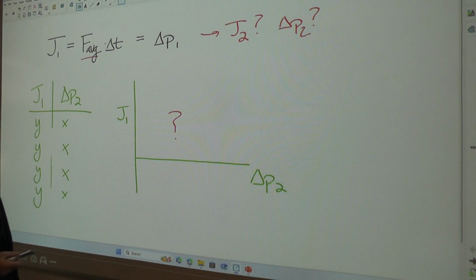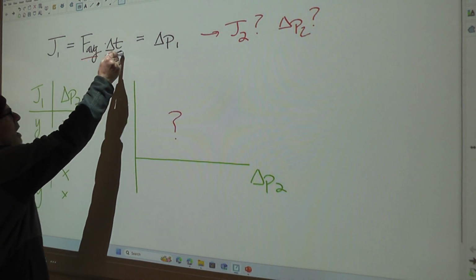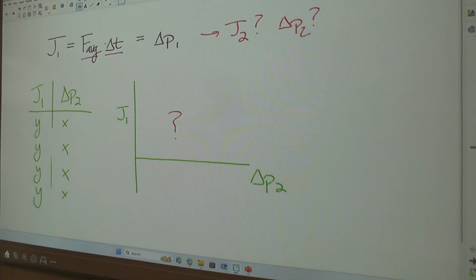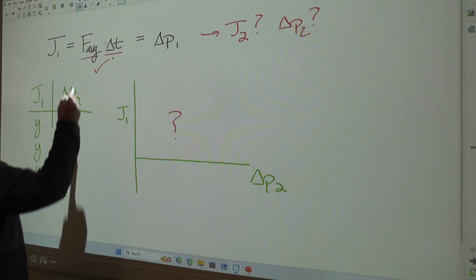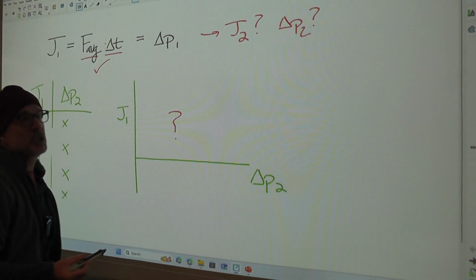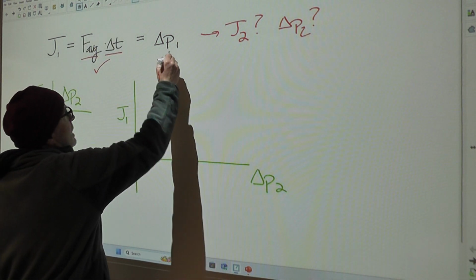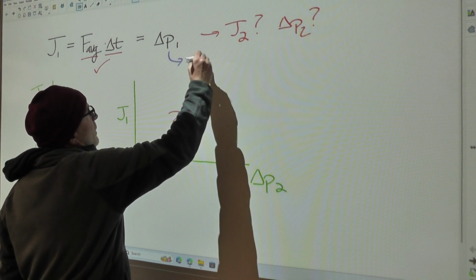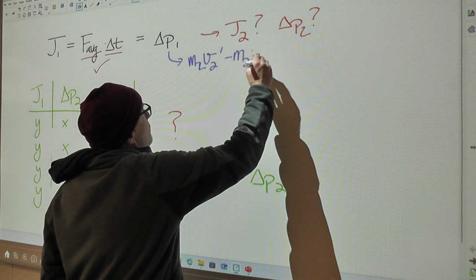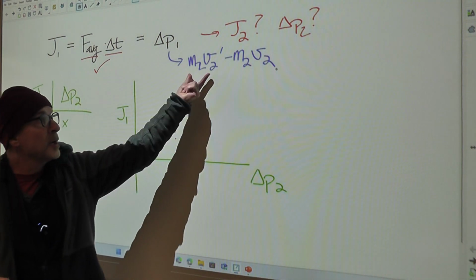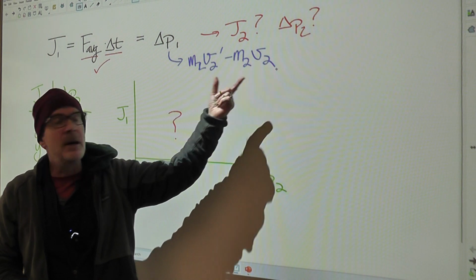What I then told you is, if we want to measure impulse, we need to be able to calculate the average force acting on a cart and the amount of time over which that force is occurring. We can do that with the supercarts. They have a force sensor, and the computer has a really accurate clock. So we can do this using graphical analysis. If we want to look at change in momentum, that's going to be m2 v2 prime minus m2 v2, an object's final momentum minus its initial momentum.